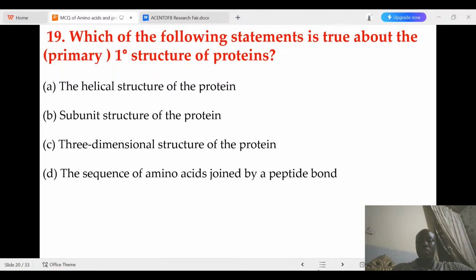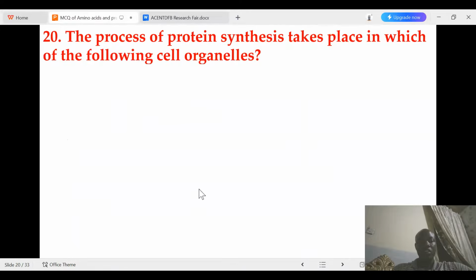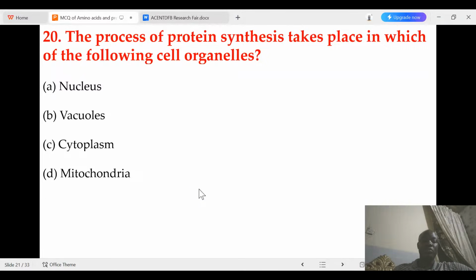So let's now move to question 20. The process of protein synthesis takes place in which of the following cell organelles? A, nucleus. B, vesicles. C, cytoplasm. D, mitochondria.